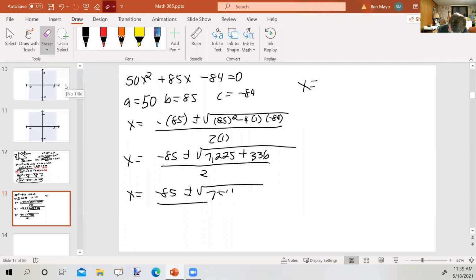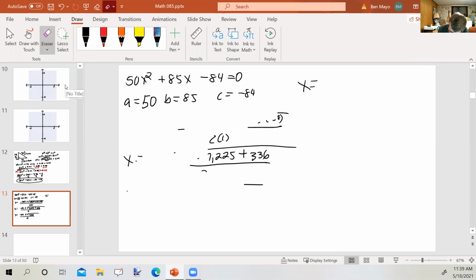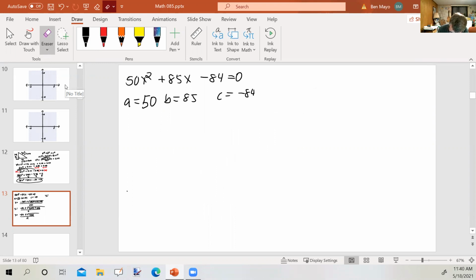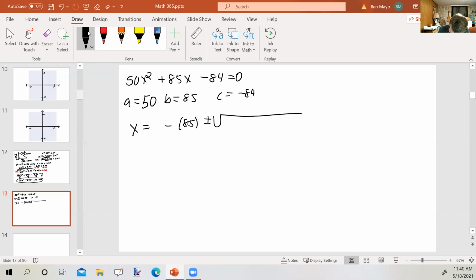Okay. Once again, I need to slow down. Okay. So x equals negative b plus or minus the square root of b squared minus 4ac all over 2a. I knew something was wrong because it was supposed to come out nicely and it didn't.